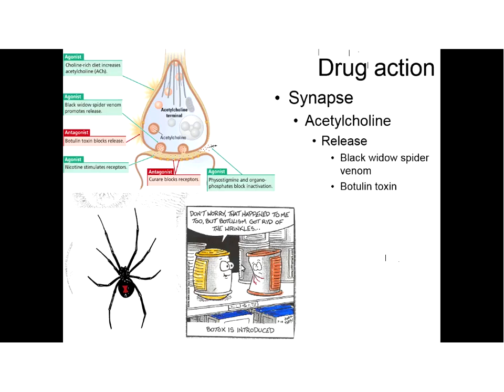Now, what we can see is that there are certain drugs or compounds that actually can cause the release of, or influence the release of, acetylcholine. One of them is black widow spider venom, and you can imagine that if black widow spider venom causes the release of acetylcholine, it's going to be an agonist.